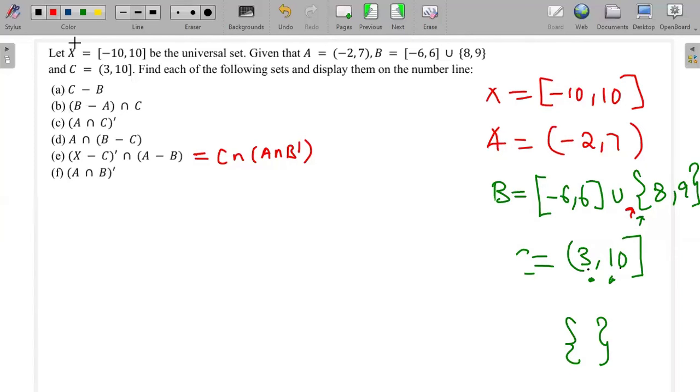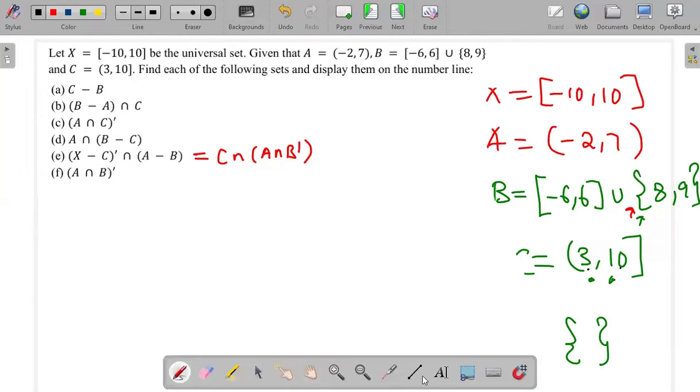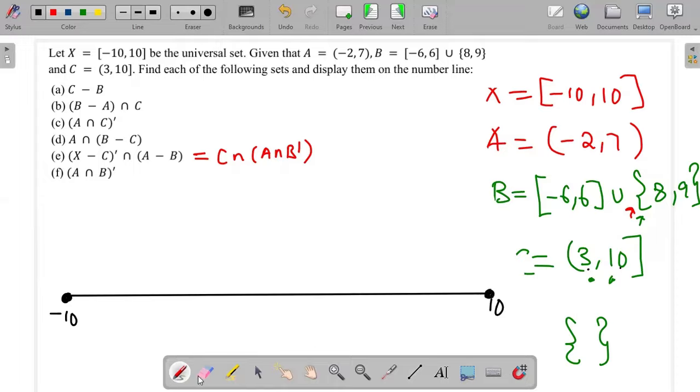So now let's just plot this on the number line. Our number line is like this, from minus 10 to positive 10, and I can put 0 somewhere there. So this is C intersecting A intersecting B complement.